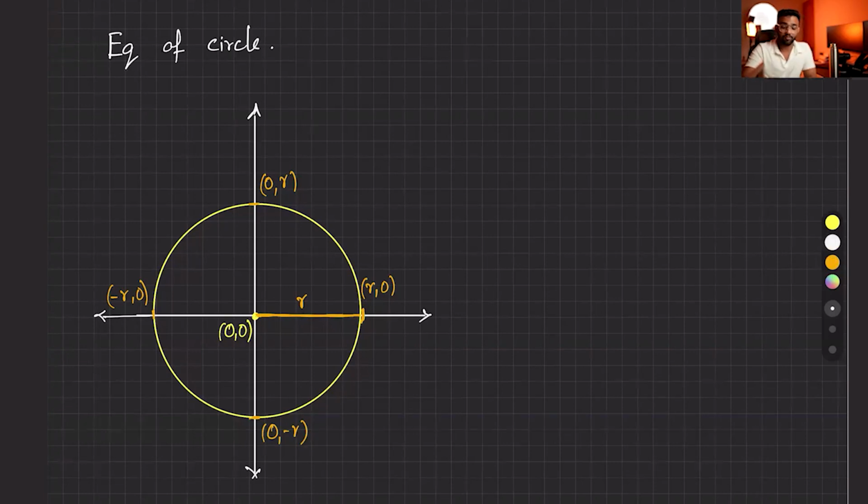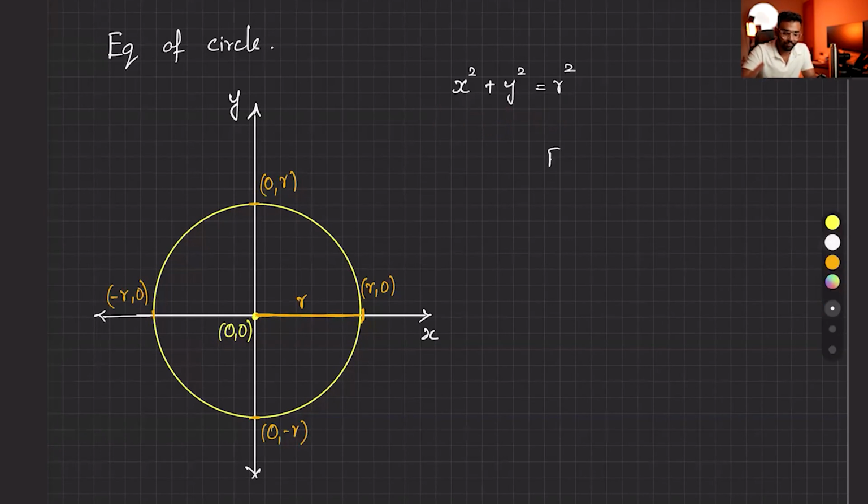Now, the general form of the equation is x squared plus y squared equals r squared. Okay? So this is the y and x axis, guys. Now you guys need to remember the general form. Whenever you have something like x squared, y squared, and r squared, you need to remember it is the equation of a circle.